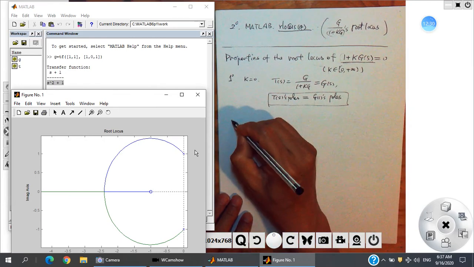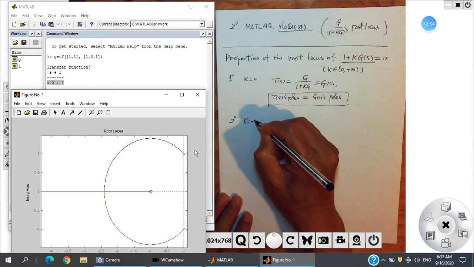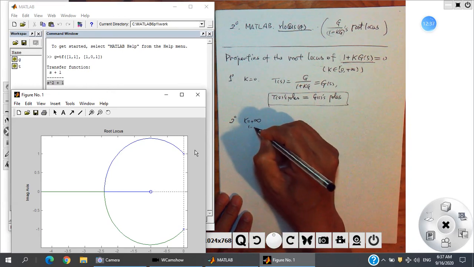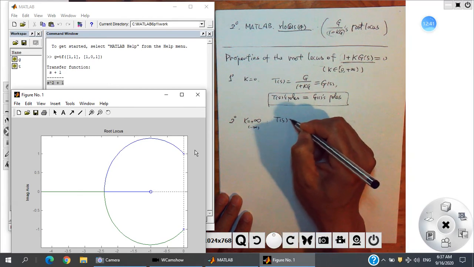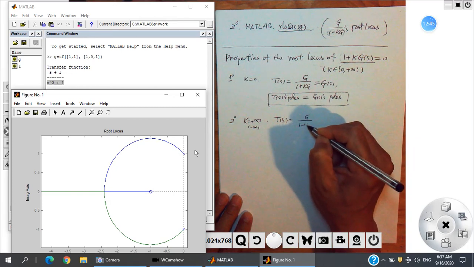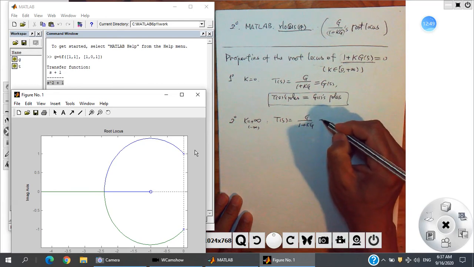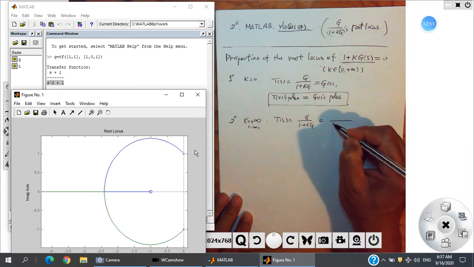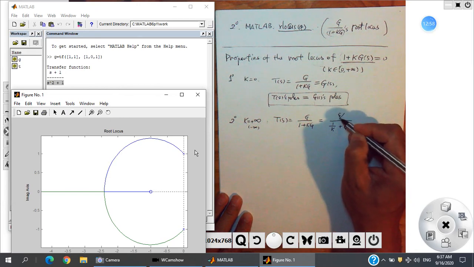And secondly, we consider k going to infinity. Actually, negative infinity is the same thing. In this case, T of s equals g over 1 plus kg. We write it again this way: 1 over k plus g, over g over k.